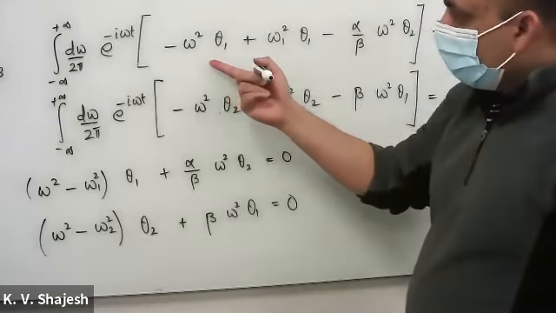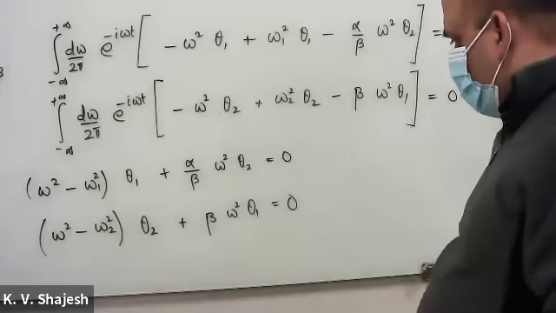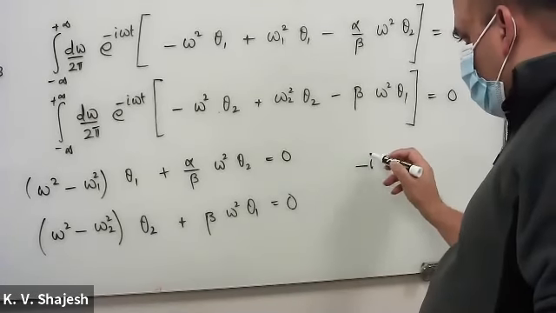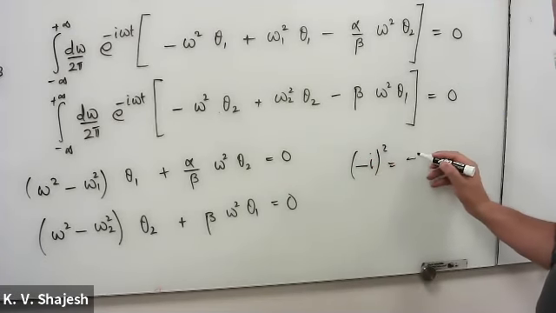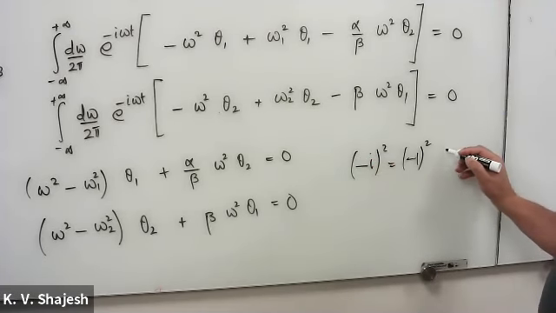Dr. Shuja, for the top term, that negative omega squared theta 1, why is it not positive again? Because if it's negative i squared, doesn't that give you positive? Negative i squared is minus, that's minus 1 square times i square.